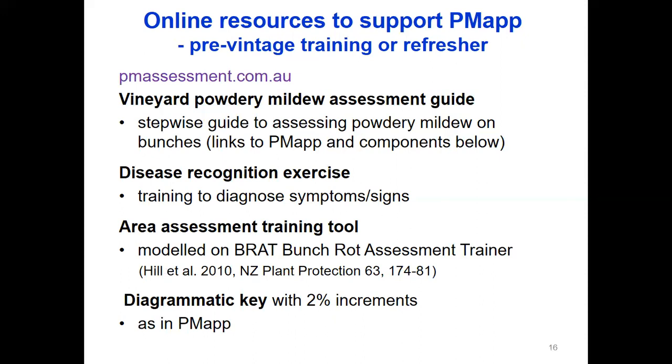If they are lacking in confidence in assessing area, they can do area assessment training. And this is modelled on the BRAT assessment trainer, bunch rod assessment trainer, developed by Plant and Food in New Zealand by Gareth Hill, Rob Beresford and Kathy Evans. The online resources also have the 2% key as in PMapp, and the two are completely interlinked.